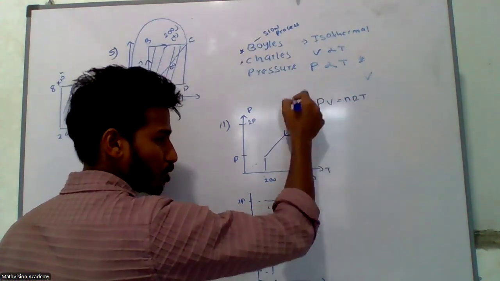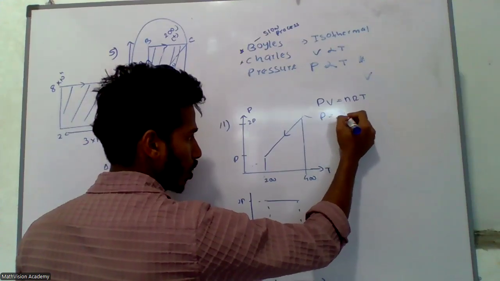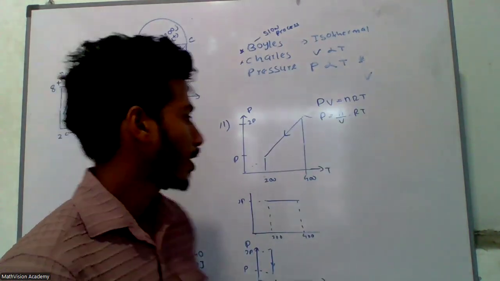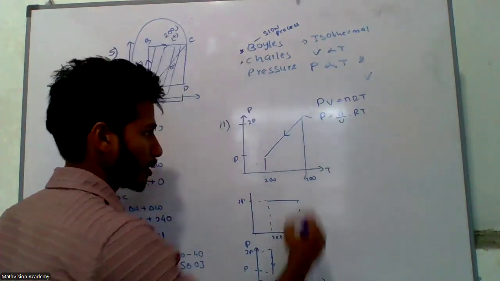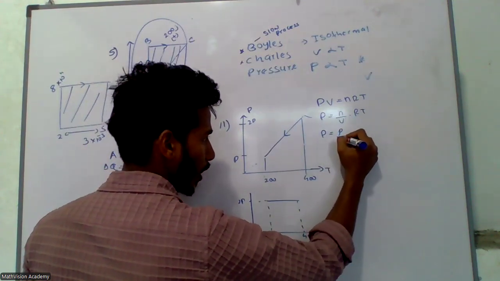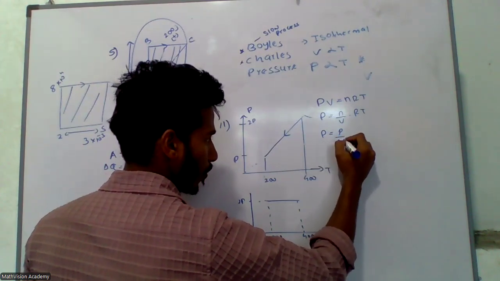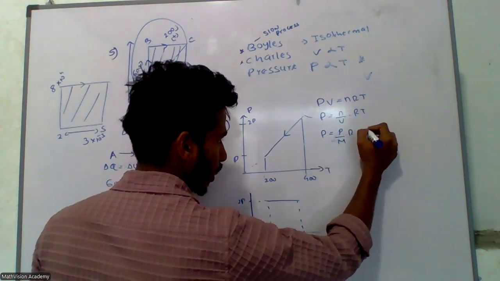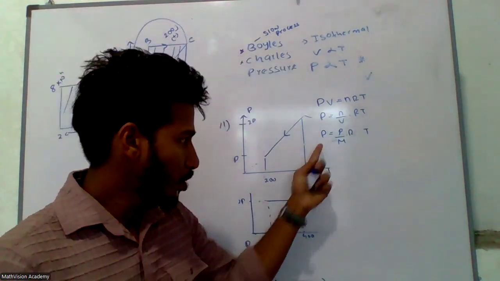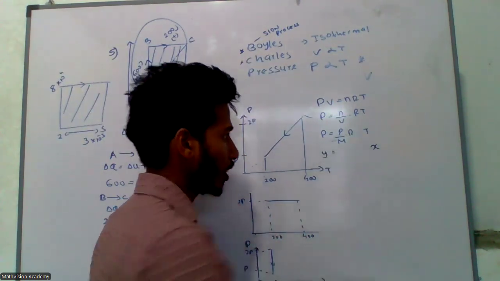So y-axis has to be made the subject. So P is equal to n over V RT. And we also derived another one. Pressure is equal to density over molar mass times R into T. Now you can see that pressure is your y-axis, temperature is your x-axis.